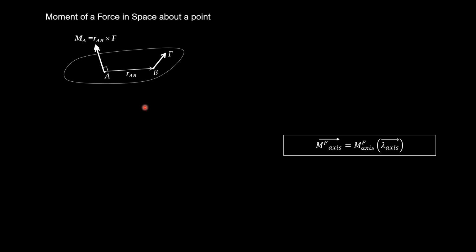Now what if we want to find the moment of the force, same force, about a line through point A and it is inclined as shown. That is moment about A. So what if we want to find the moment of this force about this inclined axis?